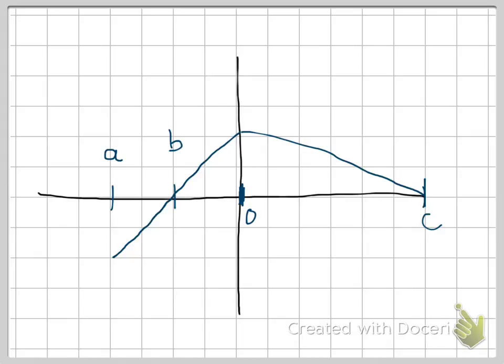Now, if I wanted to estimate the integral, and let's say we called this f, the integral from a to b of f of x dx, remember, that integral represents the area between the graph and the x-axis.